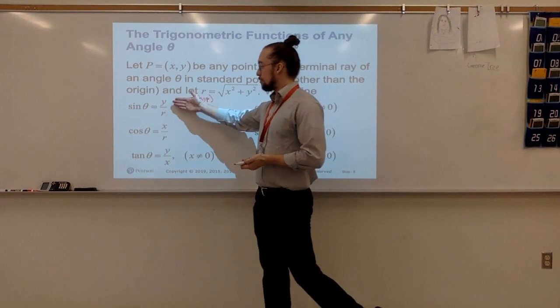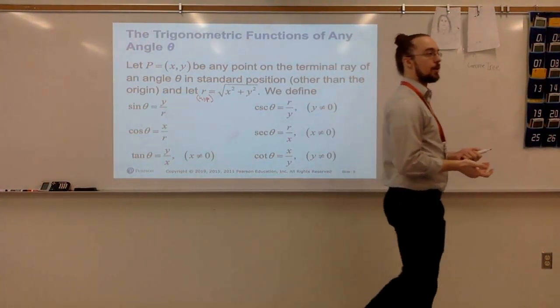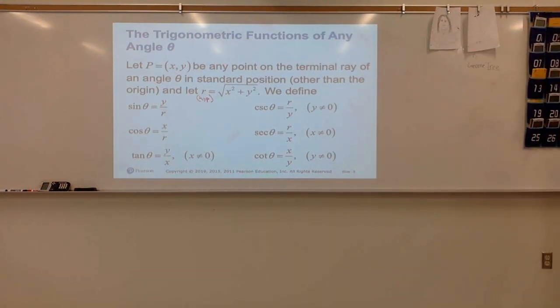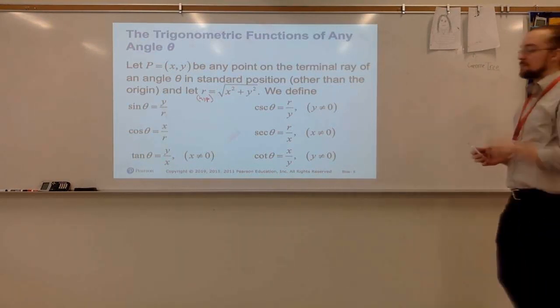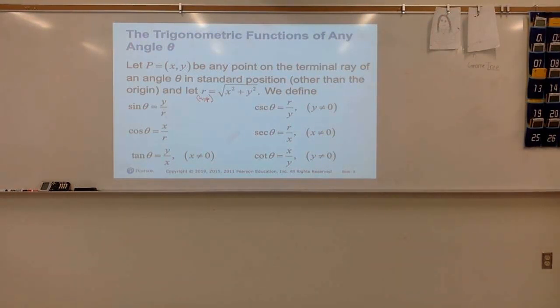This is still the opposite side over the hypotenuse of a right triangle. We're just going to define it using a point on that terminal side. Just a second to finish copying those down.